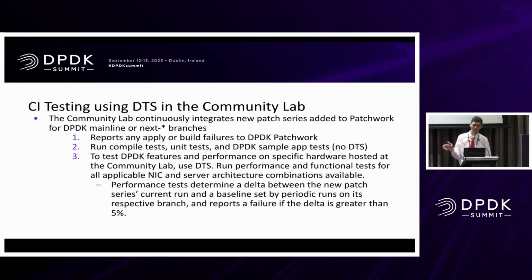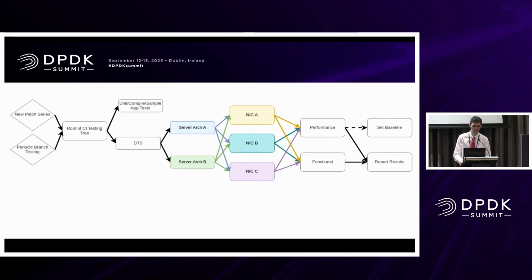We store that baseline, and then as subsequent patches come in, we run that same test and compare against that baseline. If there's greater than 5% delta, we report a failure.